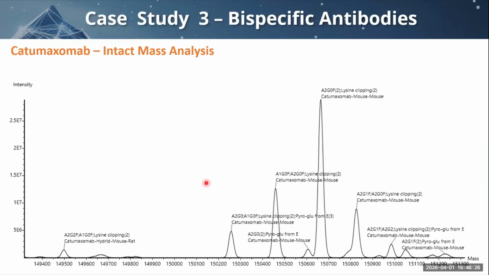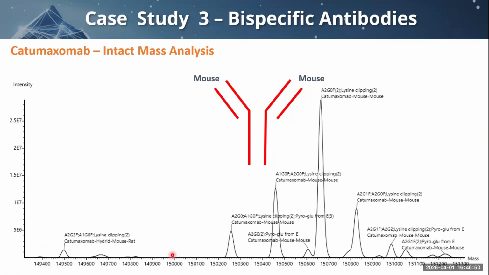If we look at our intact mass analysis data, the most abundant species here, we've got proteoforms and glycoforms, but instead of our mouse-rat hybrid, it's predominantly mouse-mouse. So the most abundant species is not what we expected.